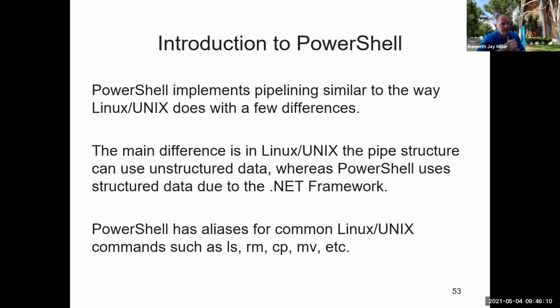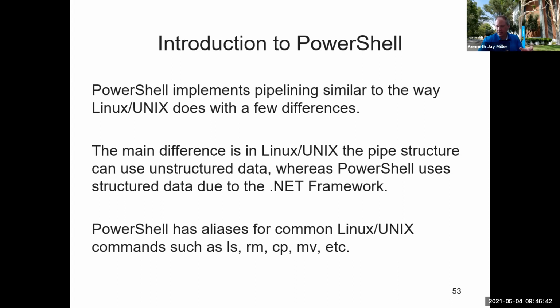All right. So the ability to pipe this is very, very powerful. Now, PowerShell implements pipelining similar to the way Linux does, with a couple of differences. The main difference is that in Linux or Unix, the pipe can use unstructured data, which means it can work with the output from the first command even if it's not text, or if it's code or whatever.